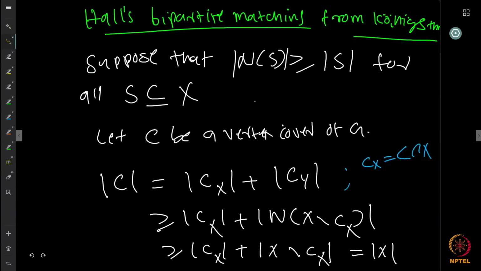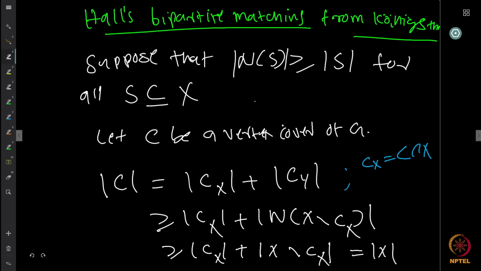So Cy is C intersection Y, and Cx is C intersection X. Now the cardinality of the cover is basically the cardinality of the cover vertices in X plus the cardinality of the cover vertices in Y.